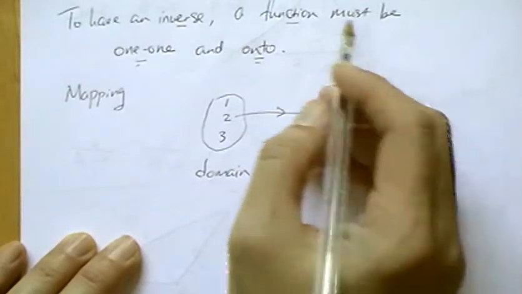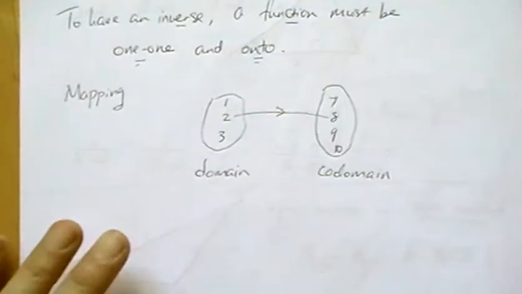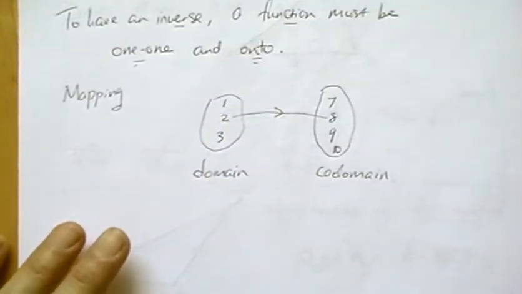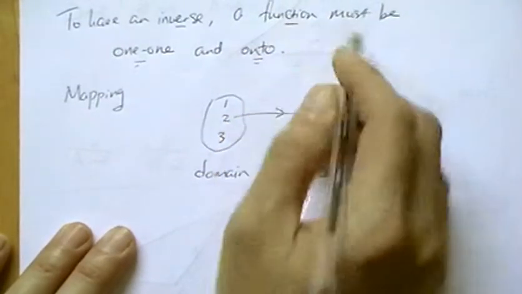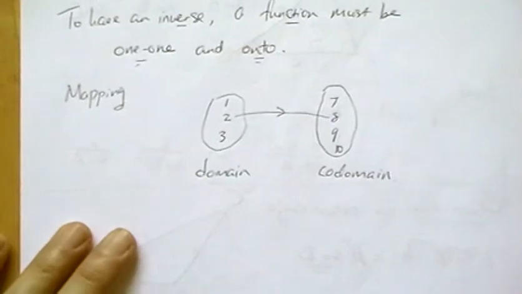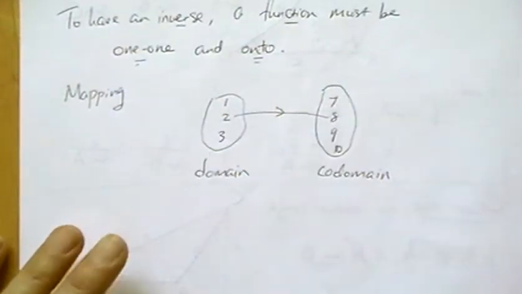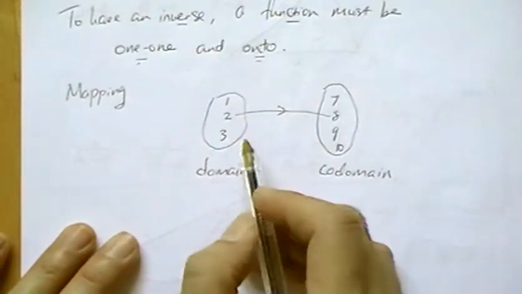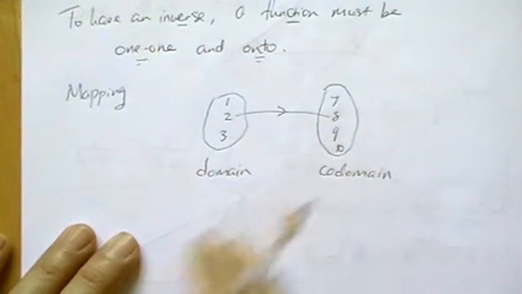Now if I start with the idea of a function, let's think about what kind of mapping a function is. Let me go back to this simple mapping. I've defined just this one rule, that 2 goes to 8.